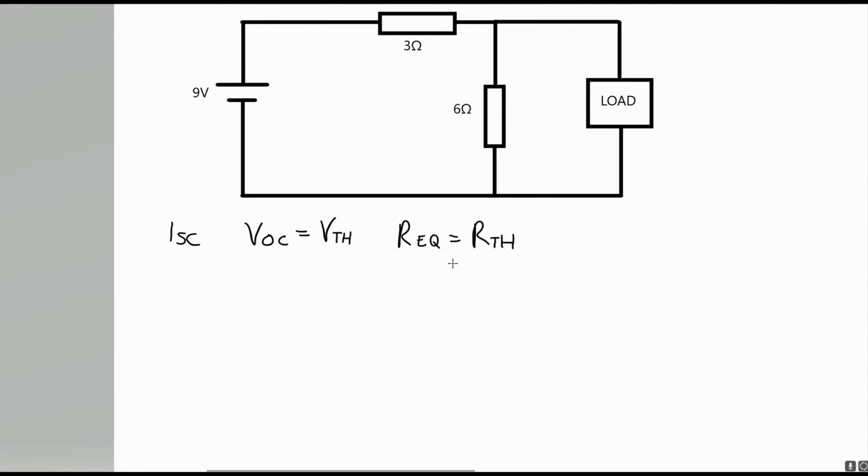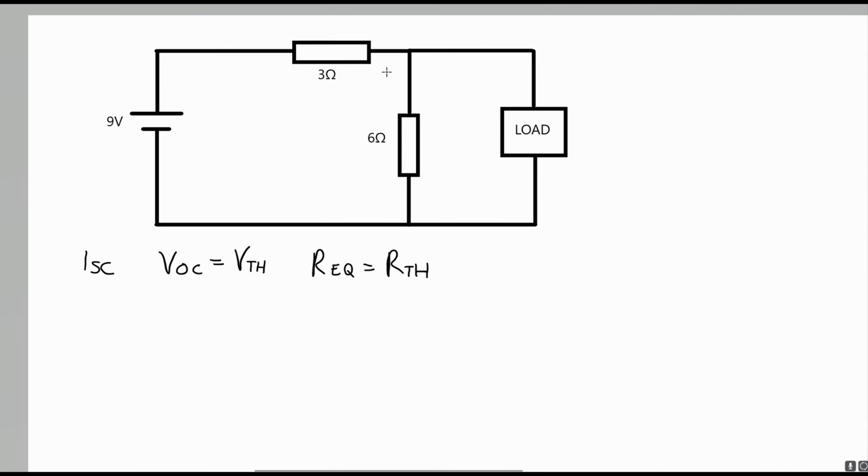The first thing you want to do is find ISC, and the way I find ISC is, oh yeah, I forgot to draw the terminals here. Imagine you're short-circuiting between these terminals, so you draw a wire, and this basically cuts out everything here, but it also cuts out here, so you could essentially draw the same thing here.